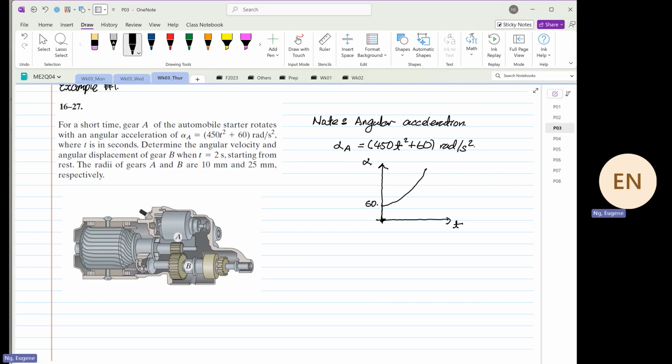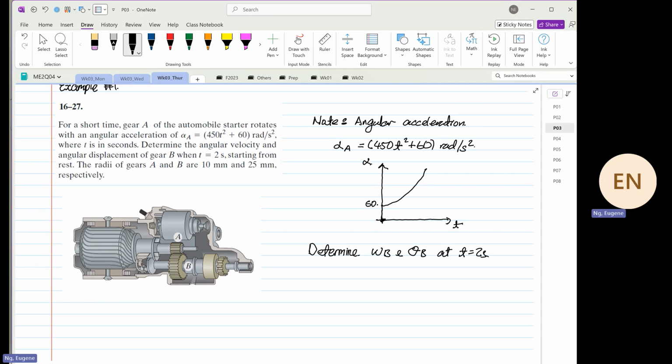Okay, so for the angular velocity, the first thing we have to do is determine omega_B, and we have to determine theta_B at t equal to 2 seconds.